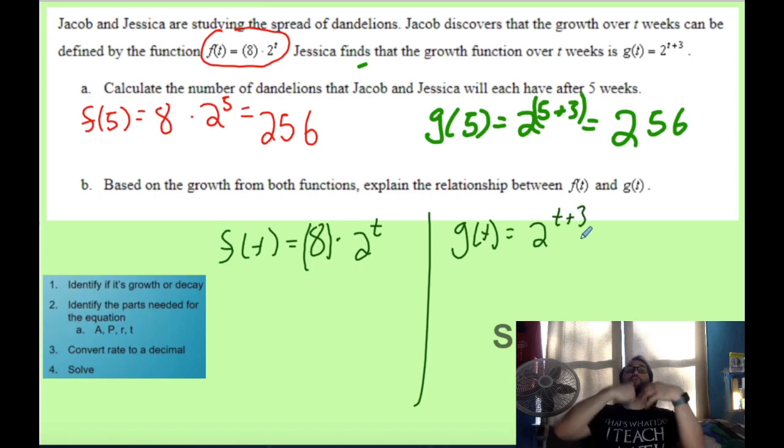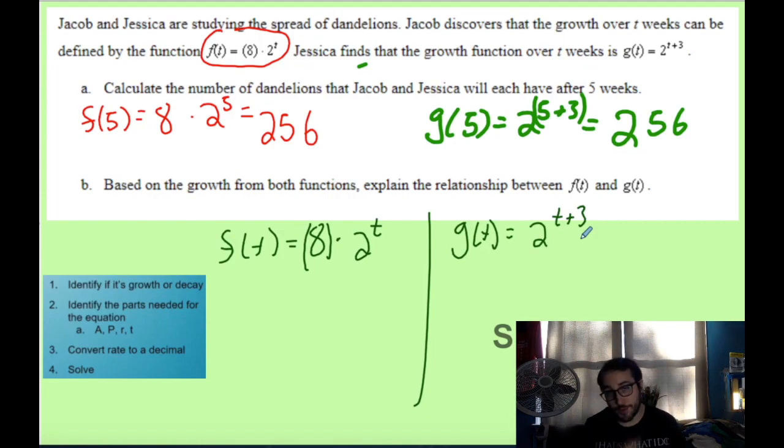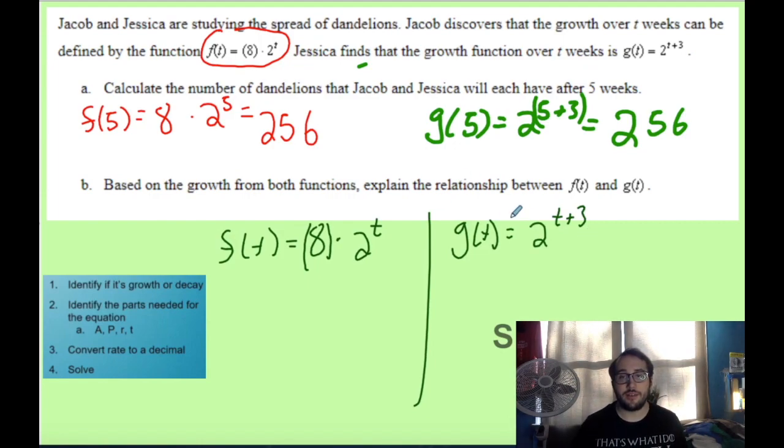Okay, so the rule that you've learned, whether if it was in our class or in middle school, you've definitely seen this before. If you have something raised to a sum, this is the same thing as saying 2 to the t times 2 to the third power.